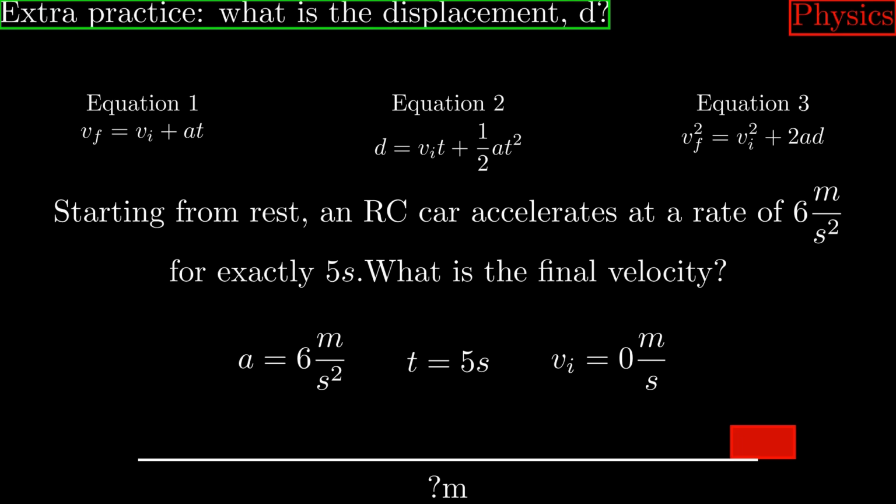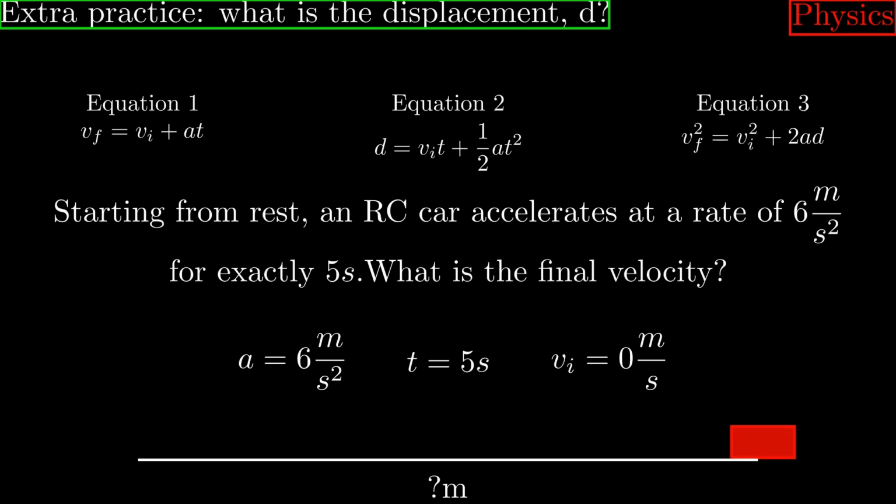And remember that we're trying to solve for the final velocity, but final velocity, as you can see, is not involved in equation 2 at all. So that's not going to be the one that we're going to be using. In equation 3, we can get the final velocity using the initial velocity, acceleration, and displacement.